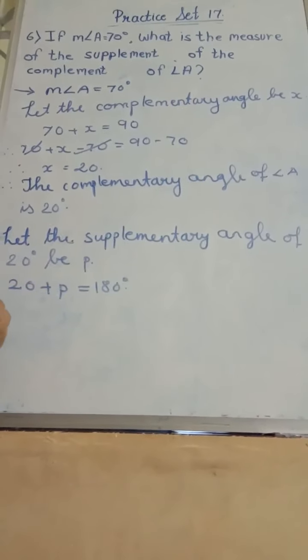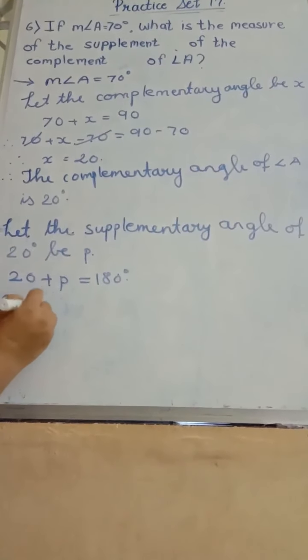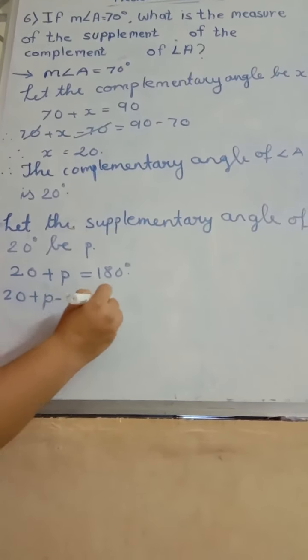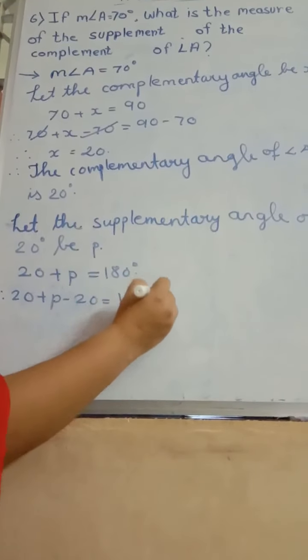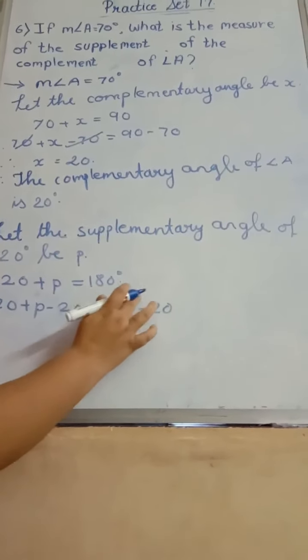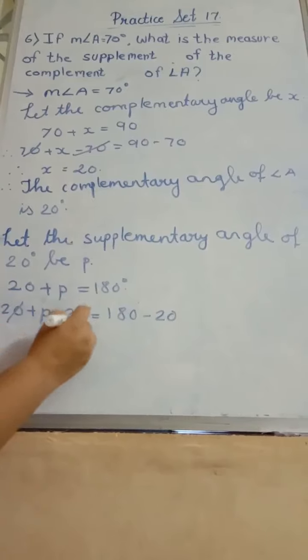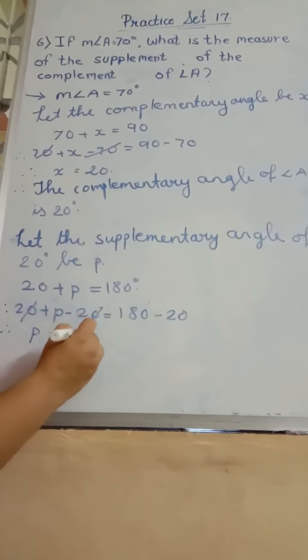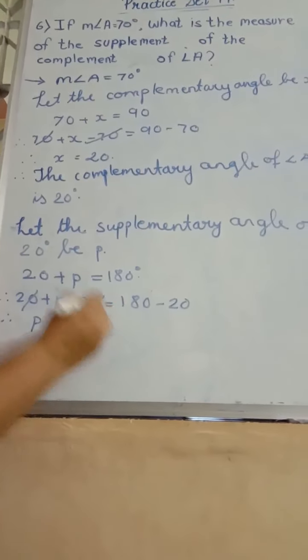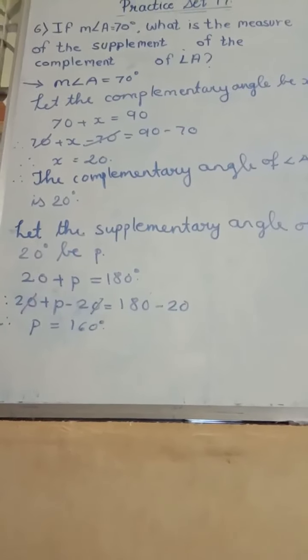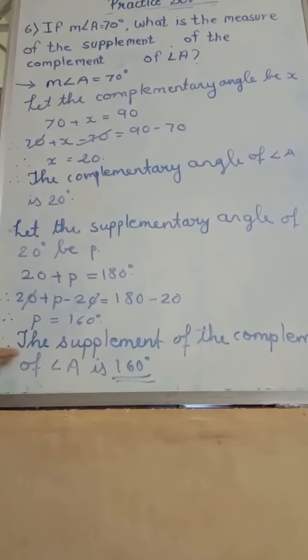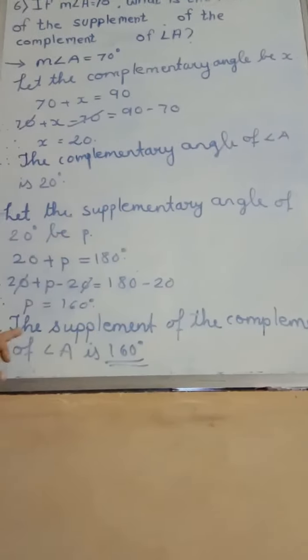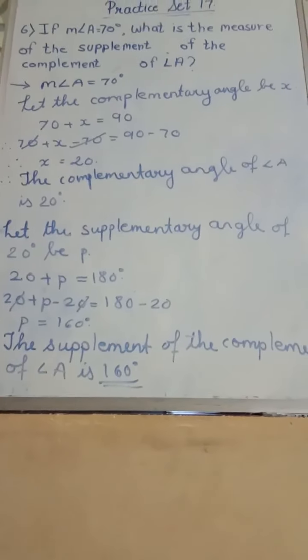Yeah, so for P's value, 20 we will subtract on both sides. That is 20 will go, P is equal to 160 degrees. Therefore, the supplement of the complement of angle A is 160 degrees.